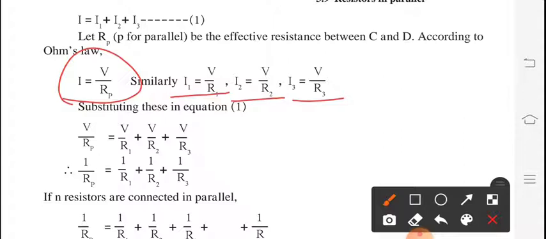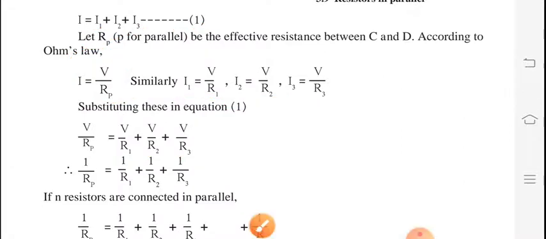Now we can substitute all these things. I is V upon Rp, so instead of I we substitute V upon Rp. Instead of I1 we substitute V upon R1, instead of I2 V upon R2, and instead of I3 V upon R3.